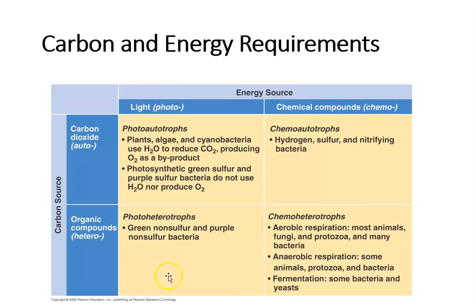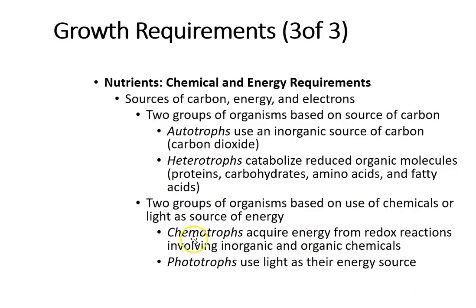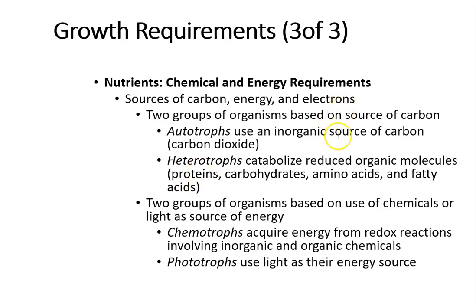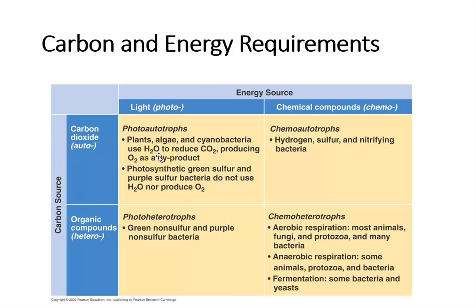So let's look at this chart. It's pretty good. All right, so we put the photo or chemo together with either the auto or the hetero, so it goes together. So we either have photoautotrophs, chemoautotrophs, photoheterotrophs, and so on. All right, so photoautotrophs, as we said, let's go back to our definition of auto. They use carbon dioxide as an inorganic source. These guys use light.